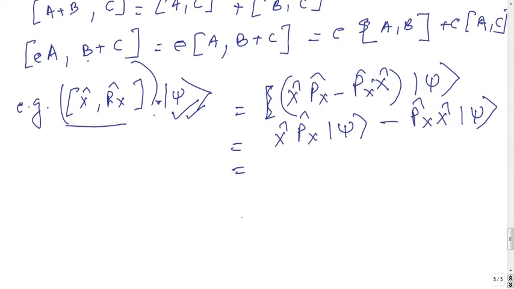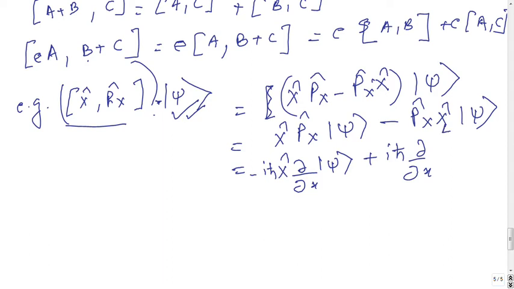If you remember, this x hat px is minus iota h bar x del x xi, and for the second term, this would become plus iota h bar del x of x xi, and this operator x hat is defined as multiplying the variable x to the state vector xi.